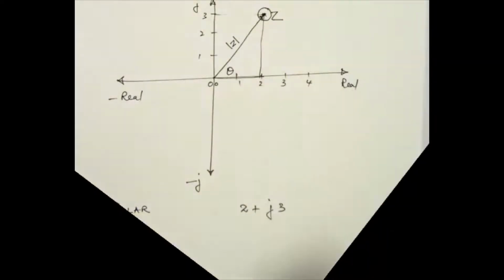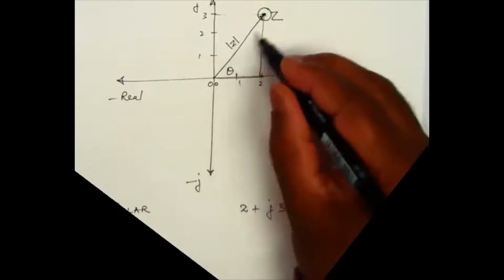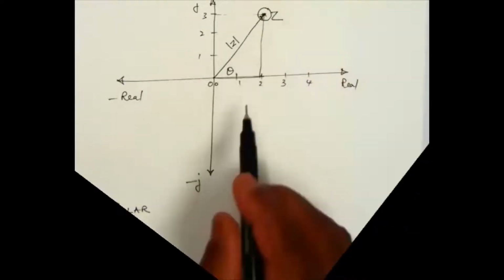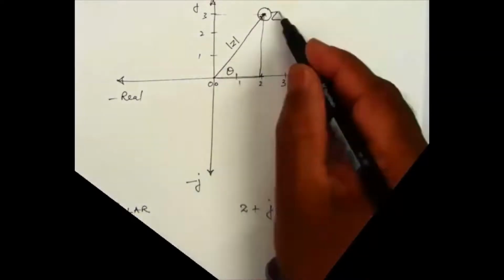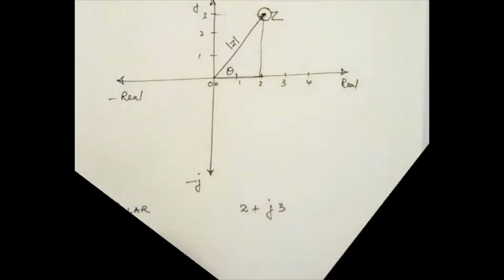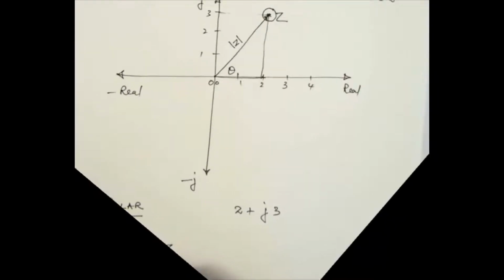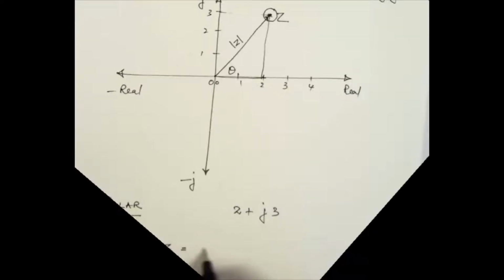We know the magnitude is actually the modulus of this complex number, and the angle is the argument of this complex number. So, in the polar form, we can say this complex number can be represented as z angle theta. So, this is the complex number z, and that's the modulus, and that's the argument.